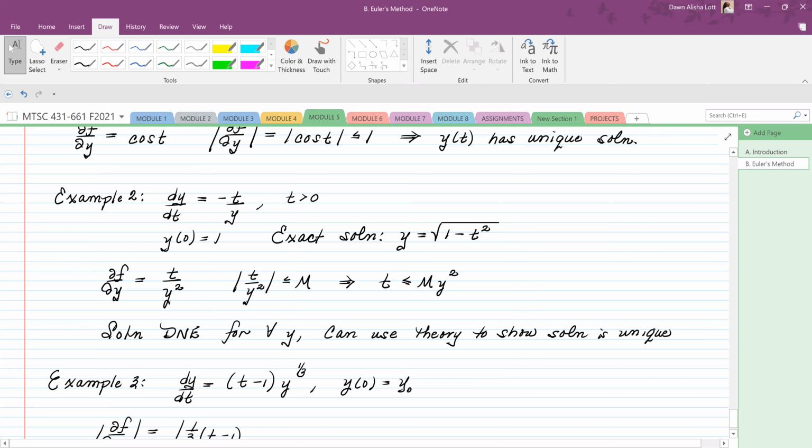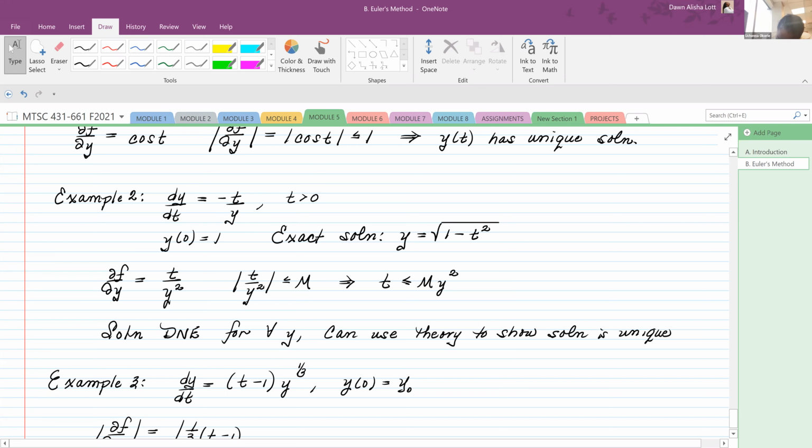Eventually, y goes to 0. So the t cannot be less than 0. So the solution does not exist for all y, meaning we can't find a solution for all y that will satisfy this Lipschitz condition, well, this boundary condition. So now we can't say that it doesn't have a solution, but we can't use theory to show the solution is unique.